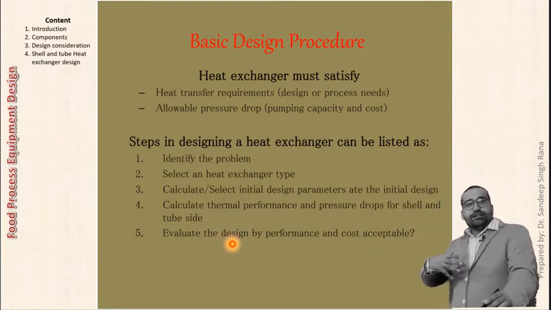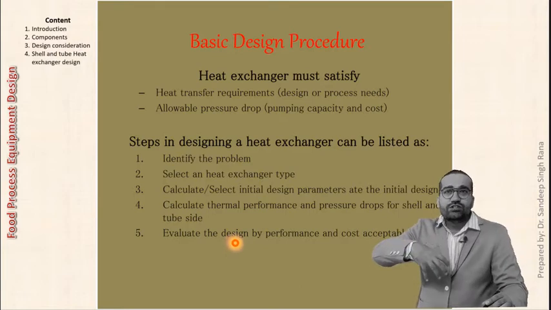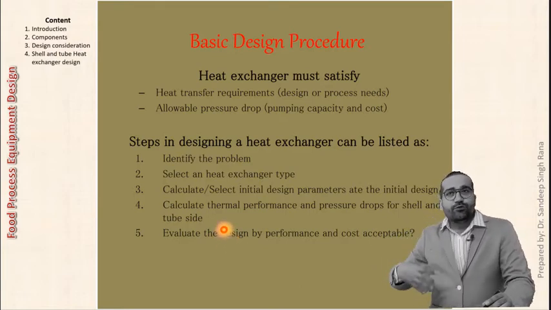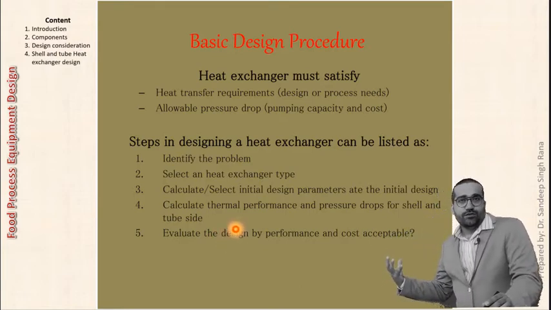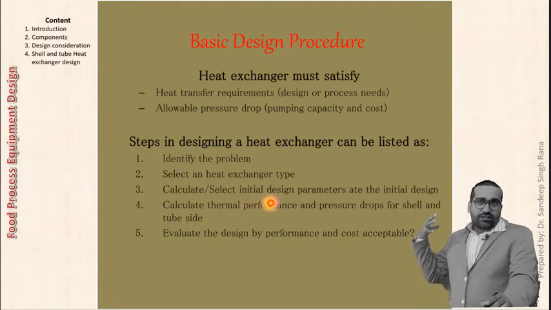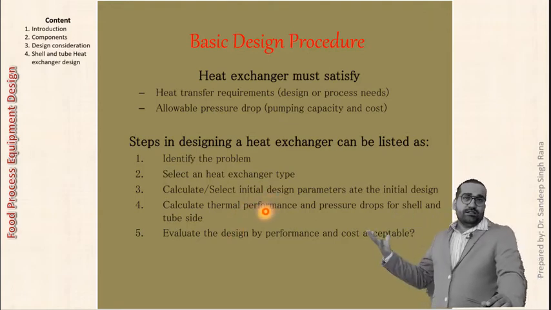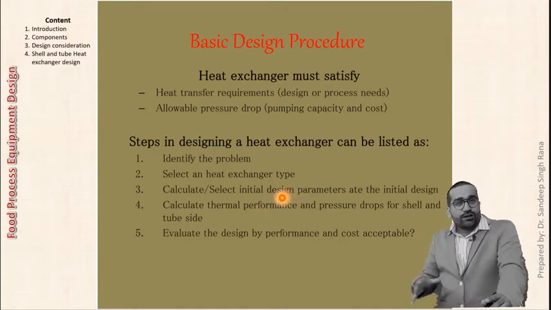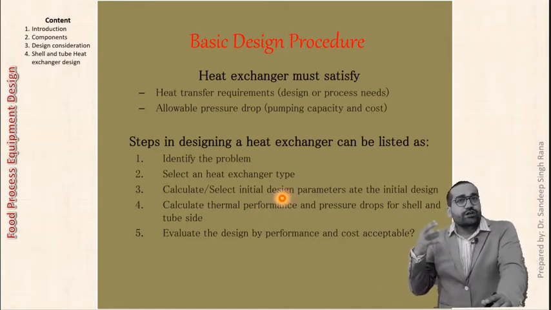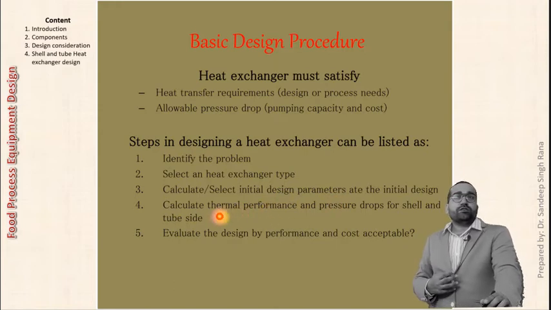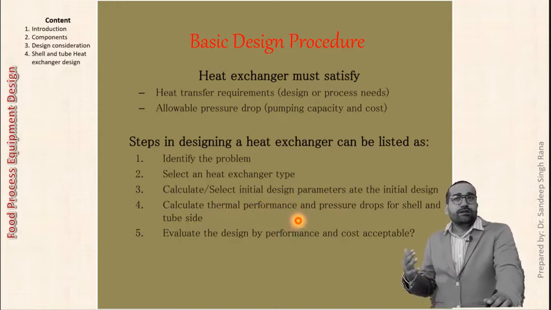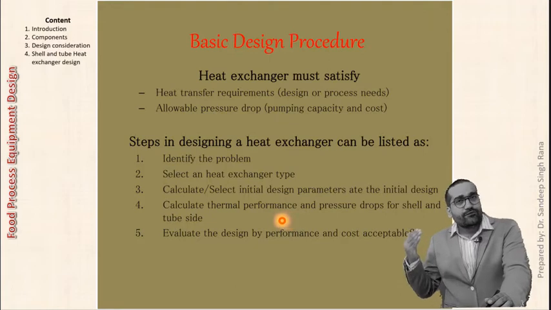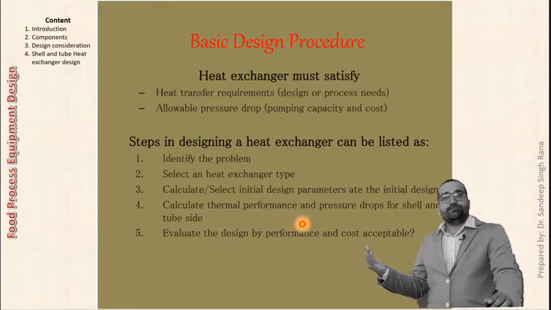After considering the initial calculation, design parameters, we have to go for thermal performance. In initial design, we will also see the length of heat exchanger, diameter of the shell, diameter of the tubes we are using. Whereas in calculation of thermal performance, we will see basically the heat related properties.